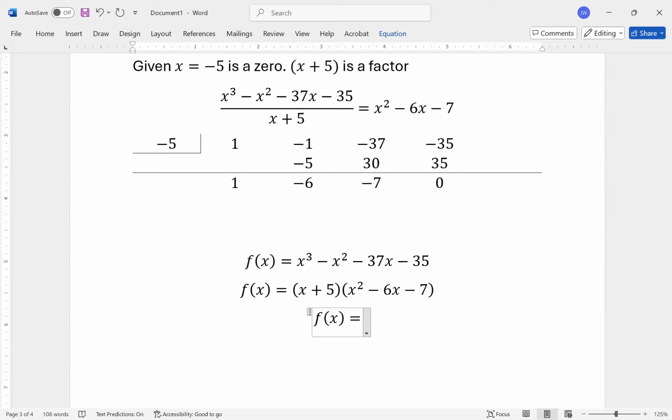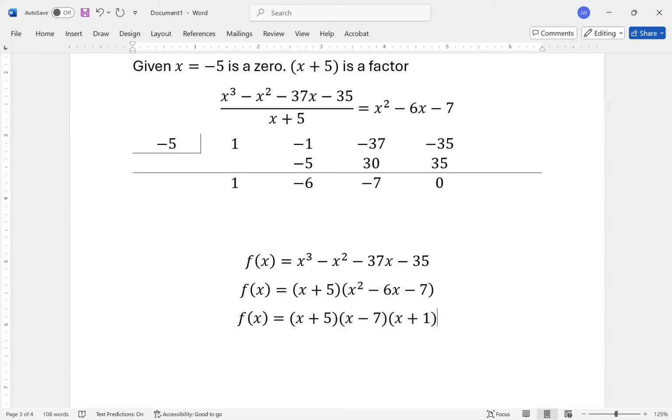And once again, in this case, that quadratic on the right can be factored. Factors of negative 7 that add up to a negative 6 are negative 7 and positive 1. So I get a factorization of my polynomial function that says x plus 5 times x minus 7 times x plus 1. That is f of x factored out.